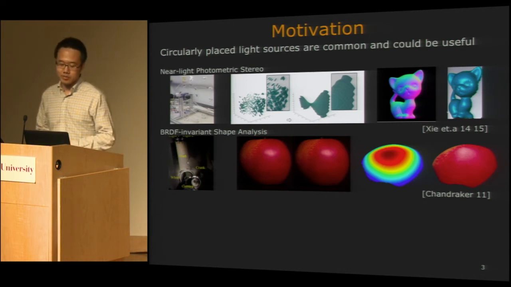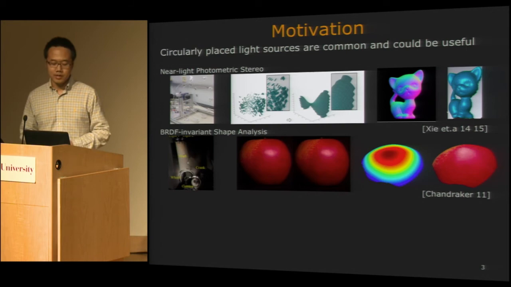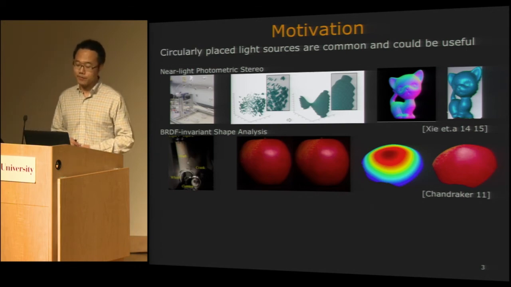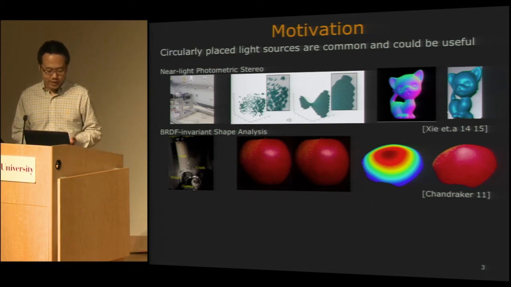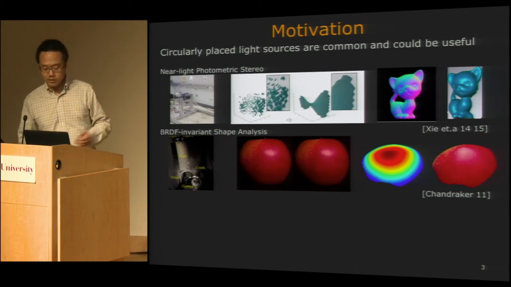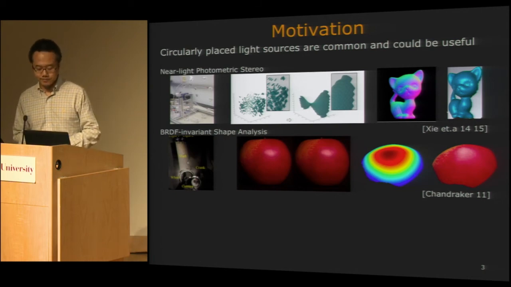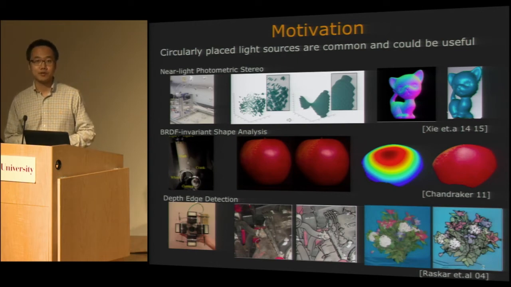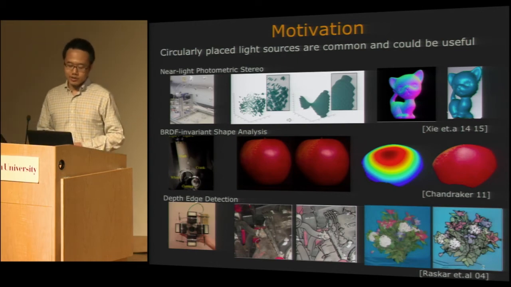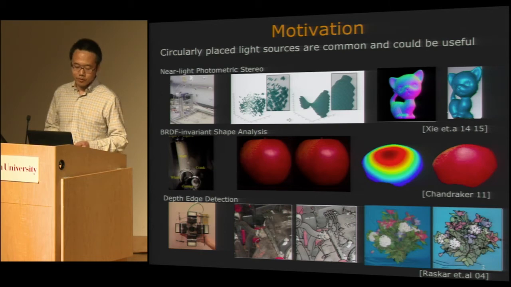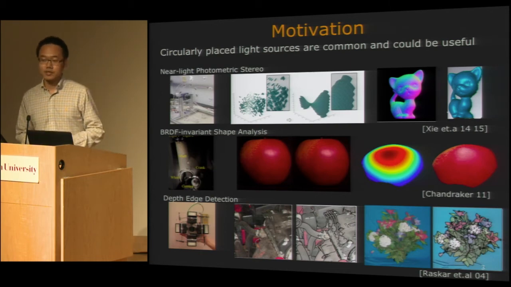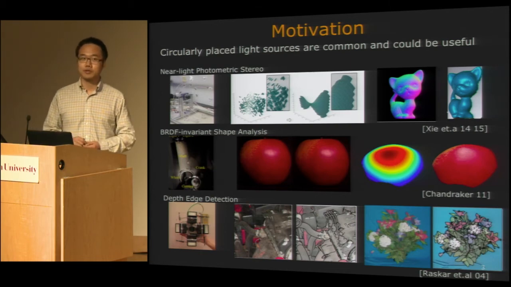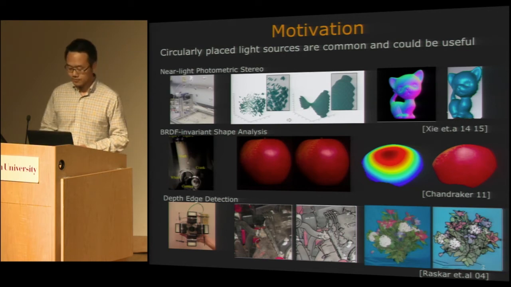Under this assumption, people have shown that we can do BRDF invariant shape analysis even without knowing the BRDFs. And apart from recovering the shapes of objects, a similar approach was used before to detect the depth edges in a scene from images captured under different light source conditions.